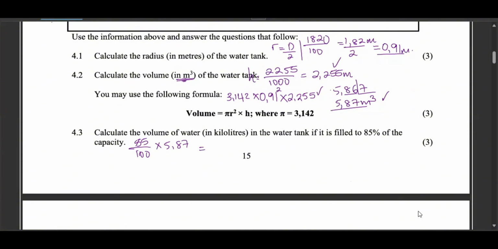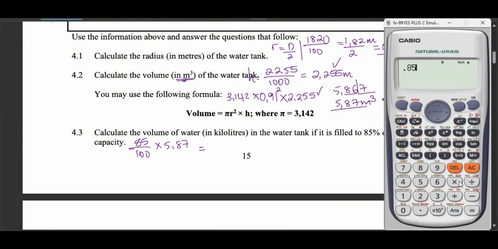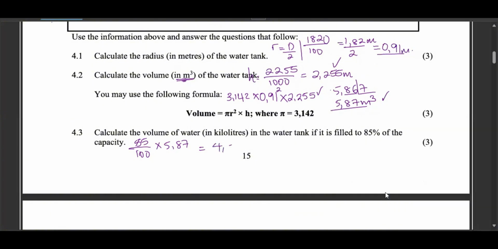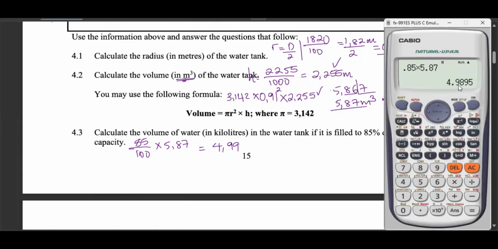So we shall say 0,85 times 5,87. So the answer became 4,99. When you round off, we need only 2 decimal places. So this 9 will have to die under 5. But before that, is it greater than 4? Yes, plus 1 here. That's why we have 4,99.